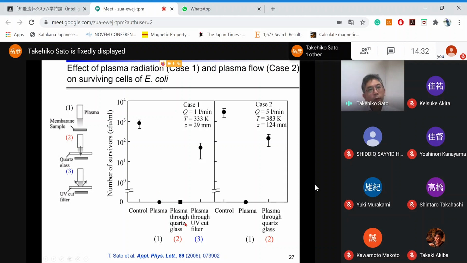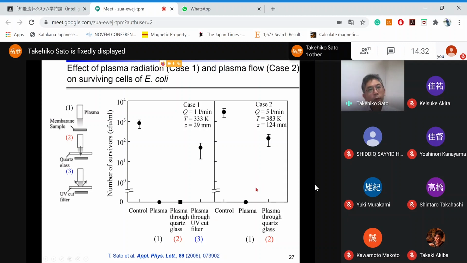Also, the plasma through the quartz glass means only UV is alive. And in the UV cut case, it doesn't kill much. So from this case, the UV is very effective to kill the bacteria.